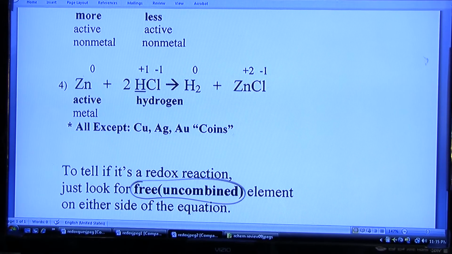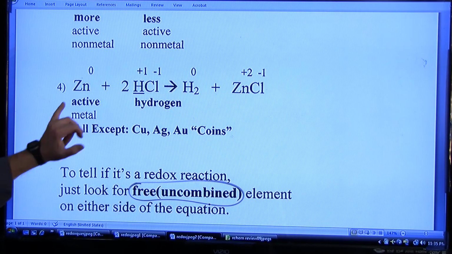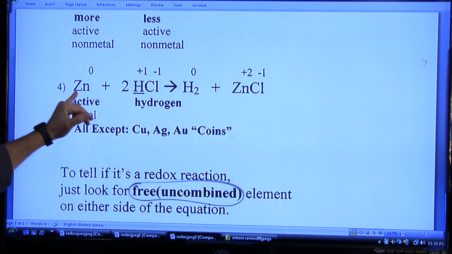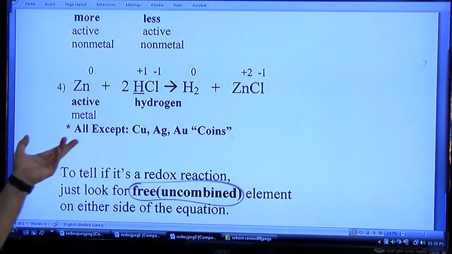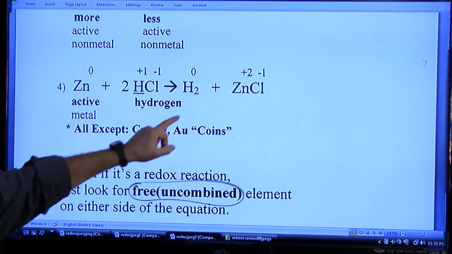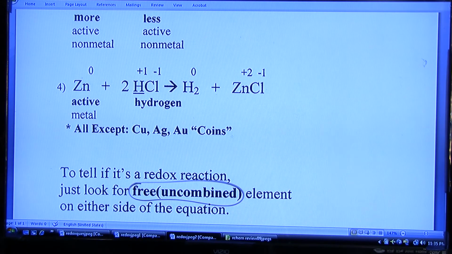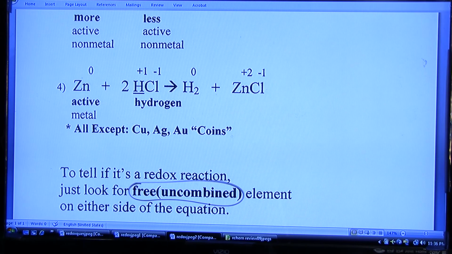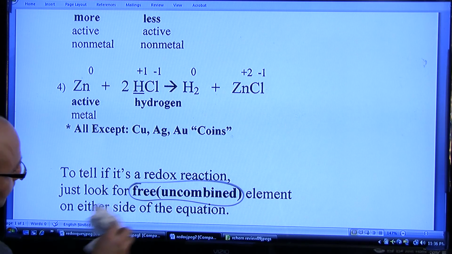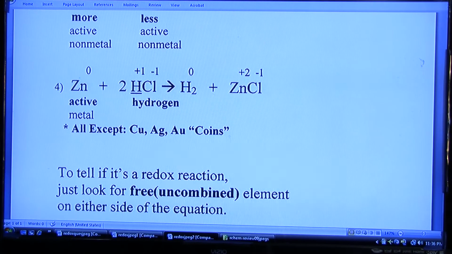If you look at the equation that we just finished doing, notice how the zinc is free and uncombined here, how it ends up becoming combined because of this redox reaction. And again, look at the hydrogen, how it's uncombined. So on either side of the equation, where you see a free element, then you know it has to be a redox. And let's look at the ones just above this to see how that checks out too.